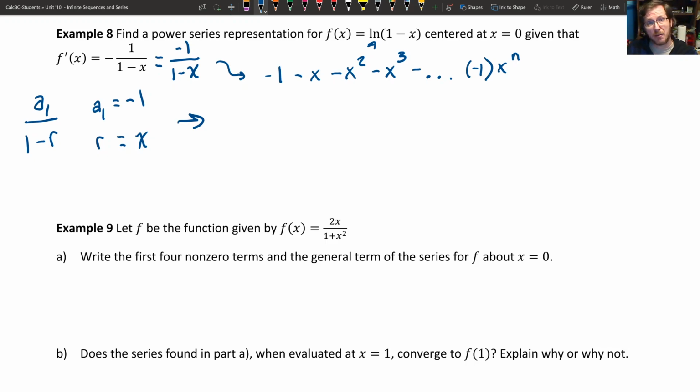But that's our f prime. So to get from our derivative, which we've got, to our original, we want to take the antiderivative. So we want to integrate.